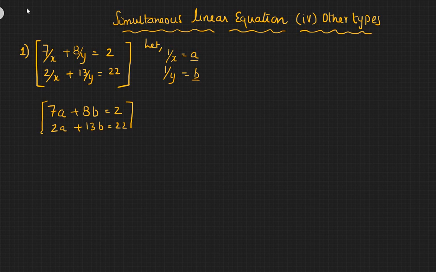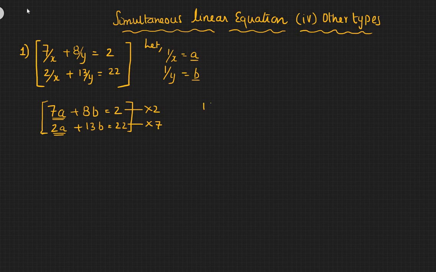This equation we can solve for a and b. So it looks quite simple to make the coefficients of a same and eliminate. So let's do that. Let's multiply this equation by 2 and let's multiply this equation by 7. So we can cancel that out.